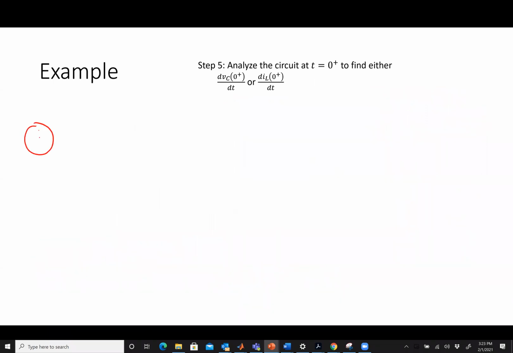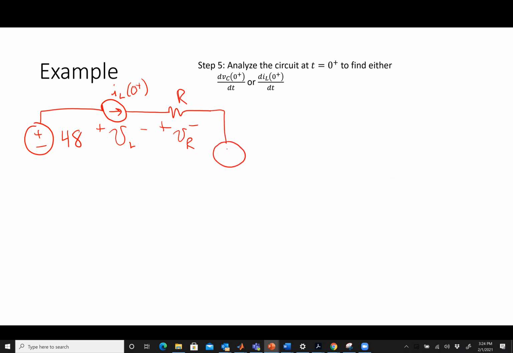So basically what I'm saying is I got 48 volts. I got a current source of IL 0 plus. This is VL. I got this resistor here with V sub R. And I have a capacitor over here, which we're saying is V sub C of 0 plus, or 10 volts. Okay. All right.